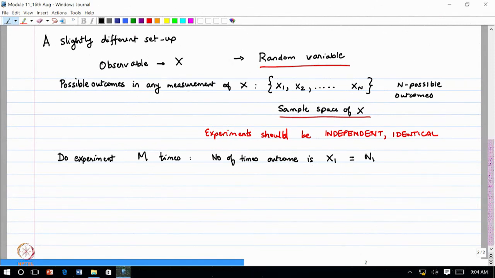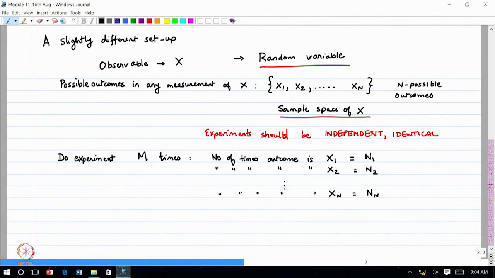Similarly, the number of times the outcome is x 2 is n 2, and so on, all the way to the number of times x n equals n n. This is a slightly bad notation, but we will just stick with this.